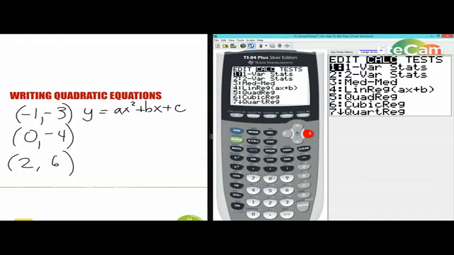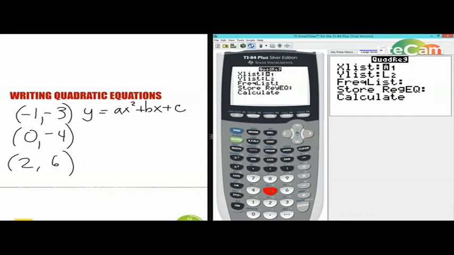So if I go ahead and pick 5, which I could actually just press 5, notice that my calculator may look a little bit different than our classroom calculators. Some of these have a few more options, but I'm just going to press enter all the way through till I get to calculate.